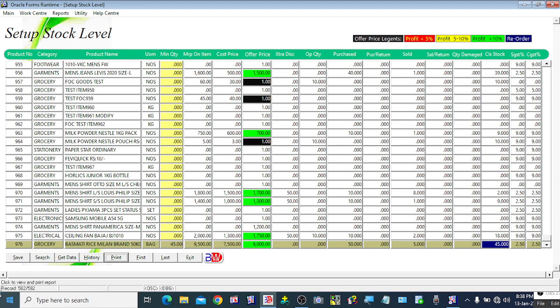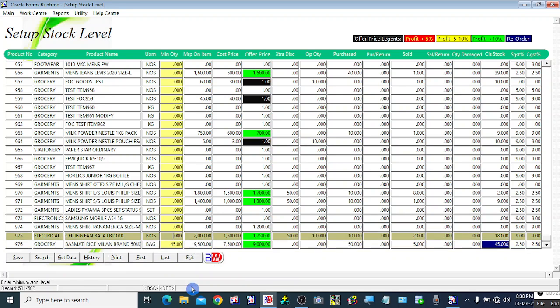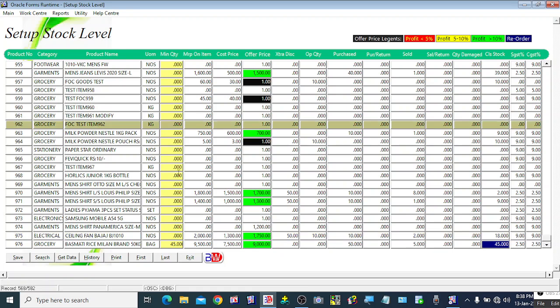So instead of counting all the products periodically, you can save much of your time with the help of this minimum stock level feature. At any moment, you can change or remove the minimum quantity setup depending upon the situation.